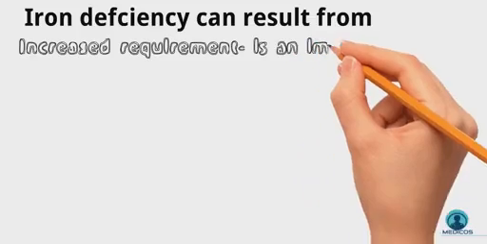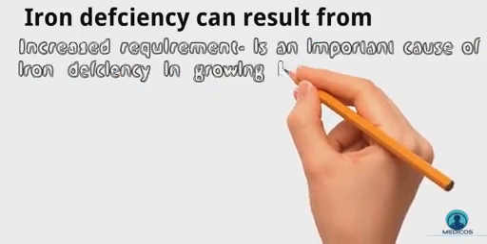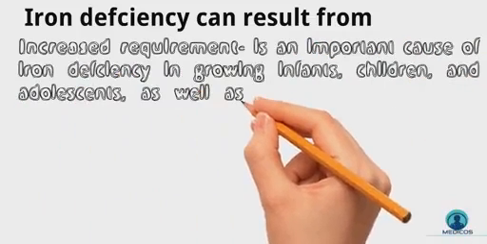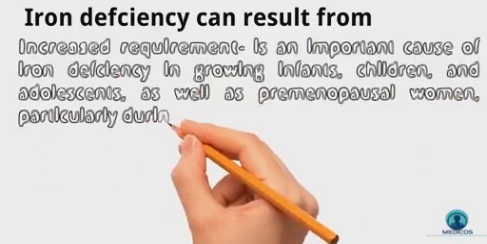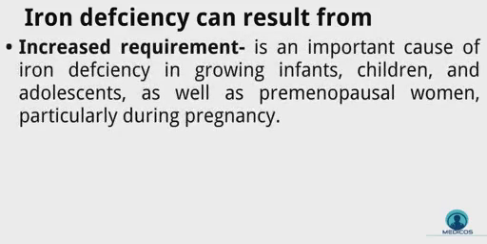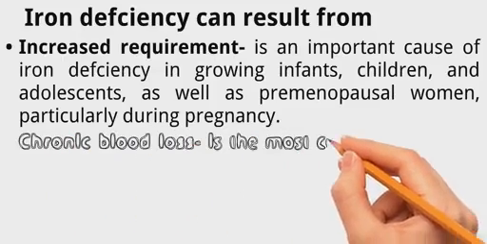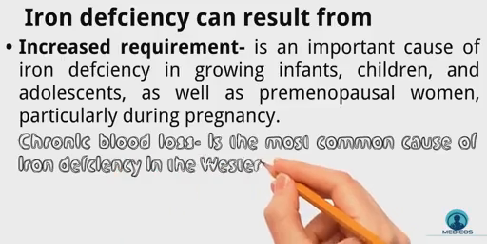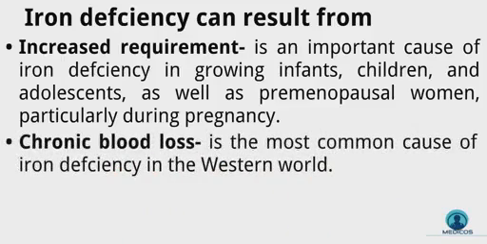Third, increased requirement. Increased requirement is an important cause of iron deficiency in growing infants, children, and adolescents, as well as premenopausal women, particularly during pregnancy. Economically deprived women having multiple, closely spaced pregnancies are at exceptionally high risk. Fourth, chronic blood loss. Chronic blood loss is the most common cause of iron deficiency in the Western world.